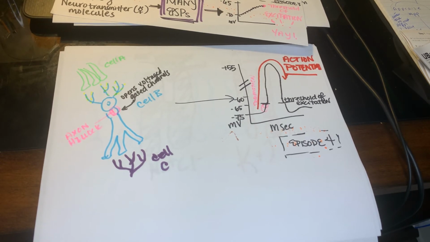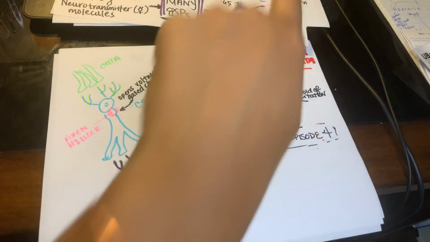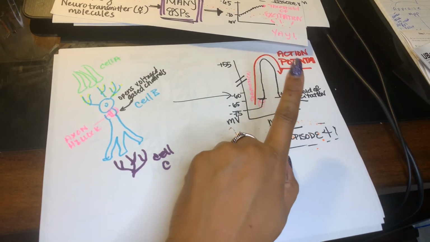Once the negative 65 millivolts threshold has been reached, that is the initiation of the action potential at the axon hillock. The action potential is generated because of the summation of EPSPs reaching the threshold of excitation.